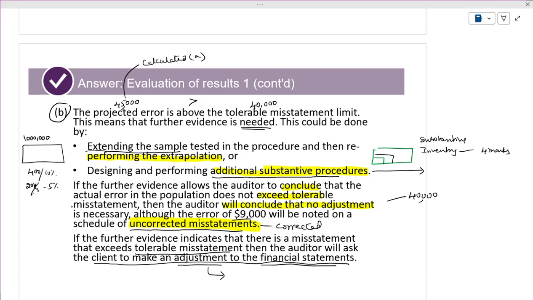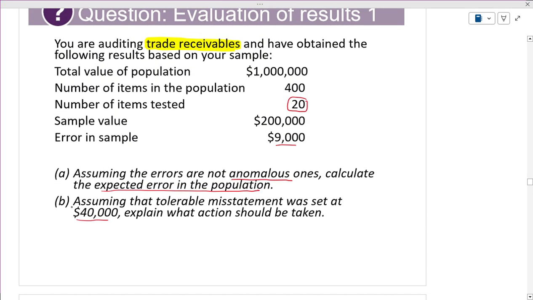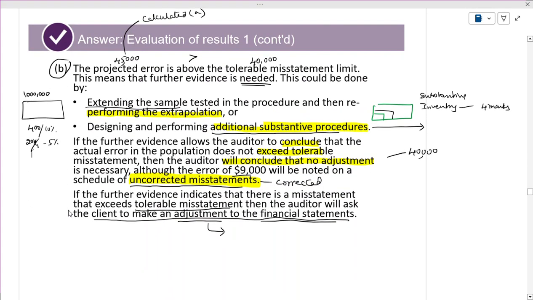You want to know whether this applies to only these 20 items tested, or whether the same trend continues for the others also, for the other population. Keep it in mind.